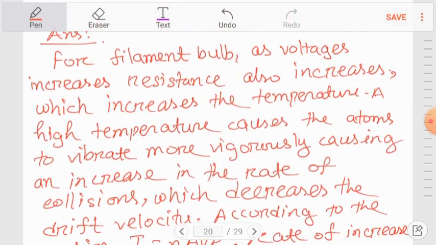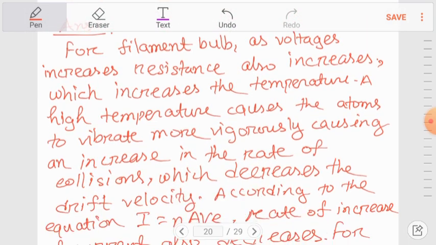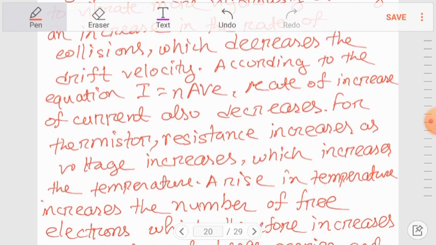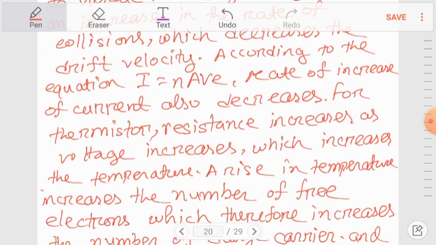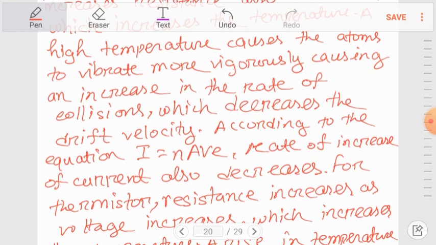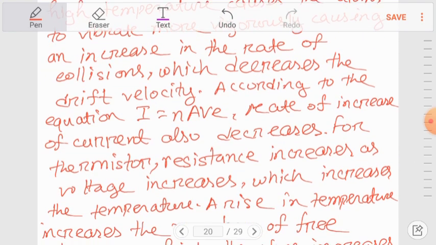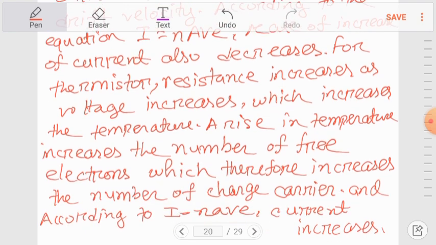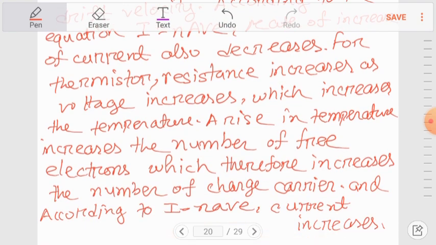Let me zoom in. So this was question number 16. I hope question number 16 was clear. I'm moving to question number 17.